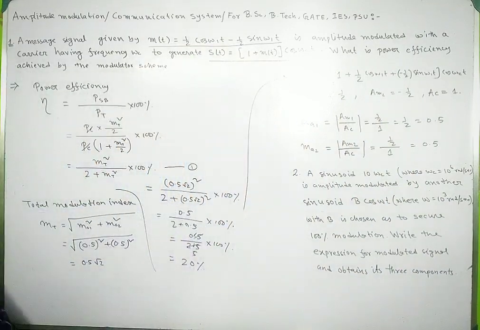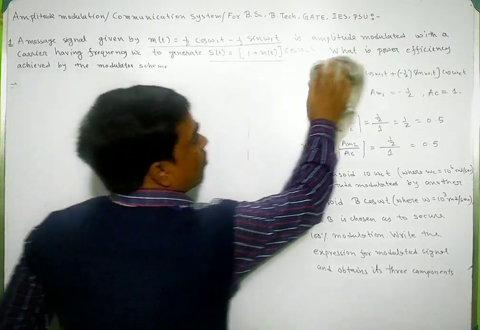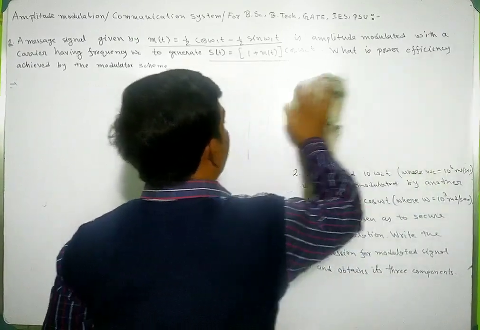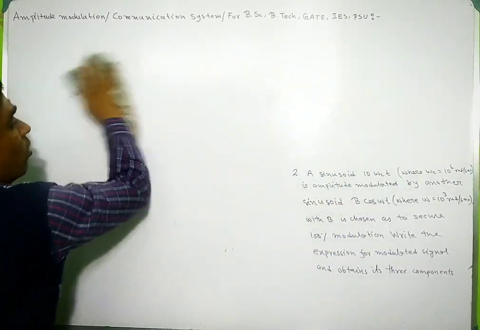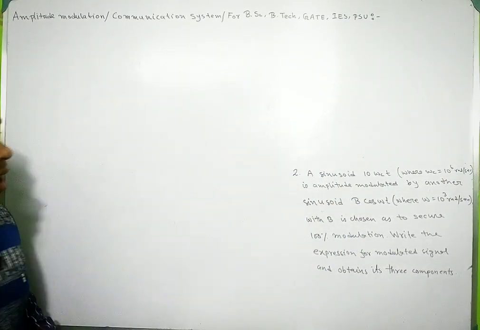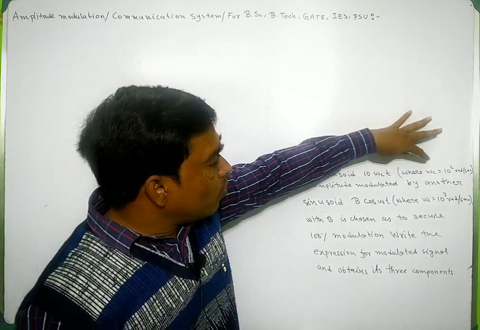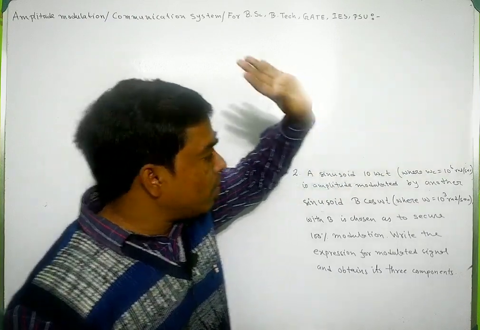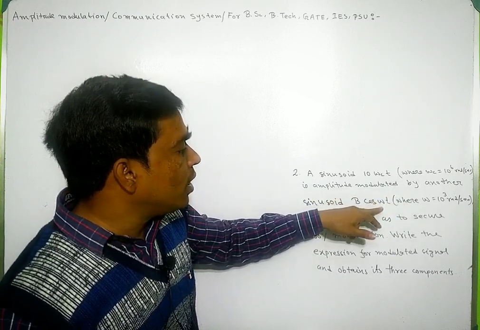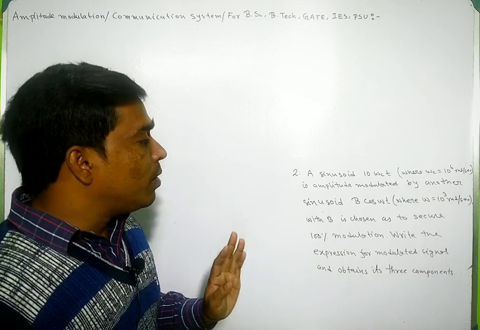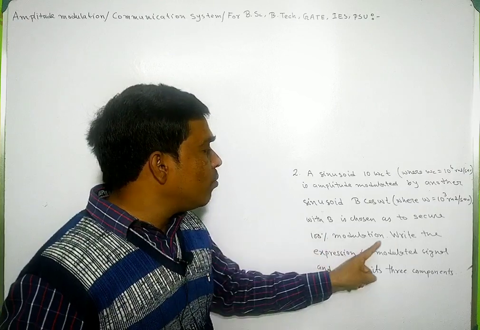Number 2. What is this problem? Here you see a sinusoid 10 cos omega ct, where omega c is 10 to the power 6 radian per second, is amplitude modulated by another sinusoid b cos omega t, where omega is 10 to the power 3 radian per second, with b chosen so as to secure 100% modulation.